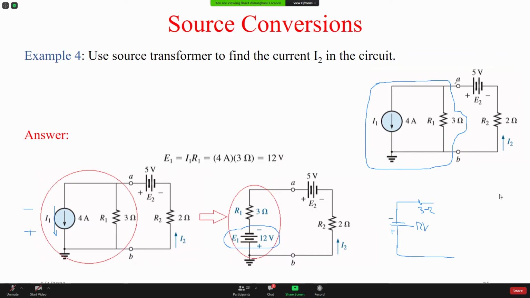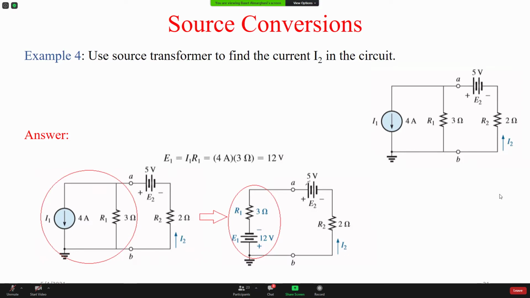Now, between these two terminals, A and B, I replace this with this one, and I get this circuit. Now the circuit becomes easier to analyze. It's easier than the original one. This is why I said source transformation sometimes makes circuits easier to analyze.